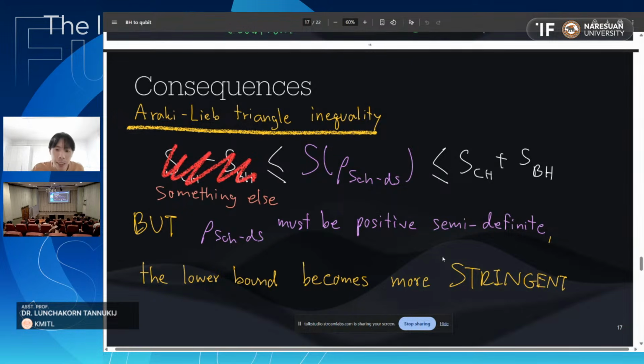In the paper I suggested, he also introduced a way to check the positivity of the density matrix as well.